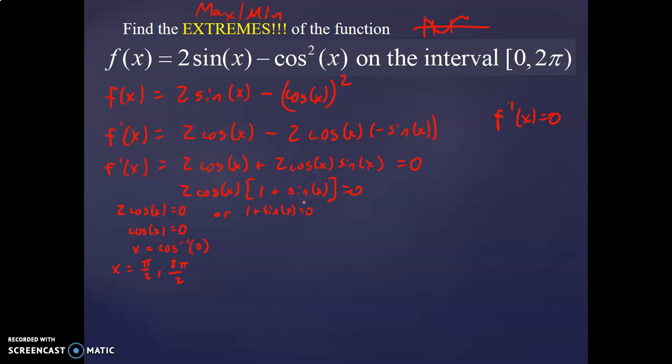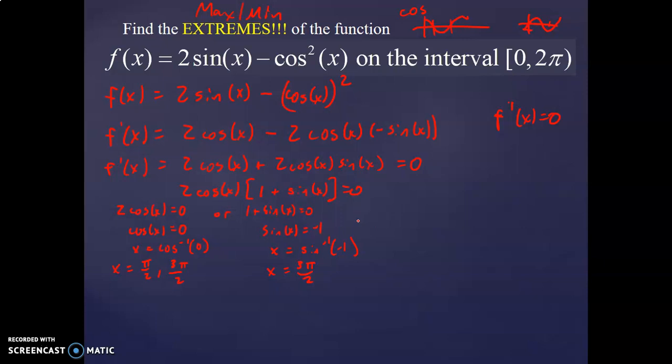And then 1 plus sine of x, so I want to know when sine of x equals -1. So I want to know what the inverse sine of -1 is. So this was my cosine graph. A sine graph, I'm asking when is sine at -1? And that's going to happen at 3 pi over 2 as well. So 3 pi over 2 showed up in both of these equations, but I only need to put it into my table once.